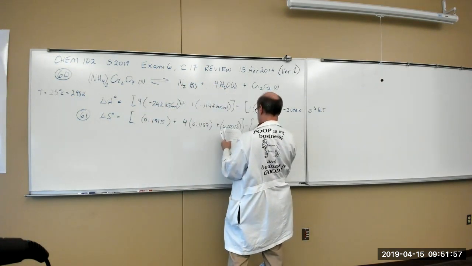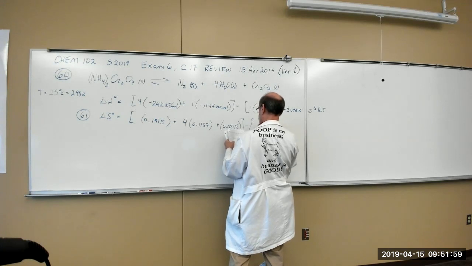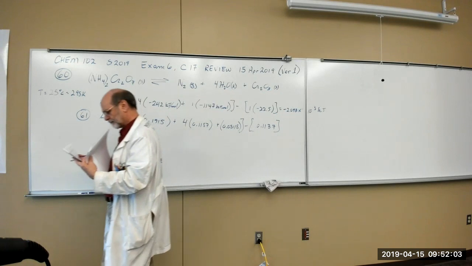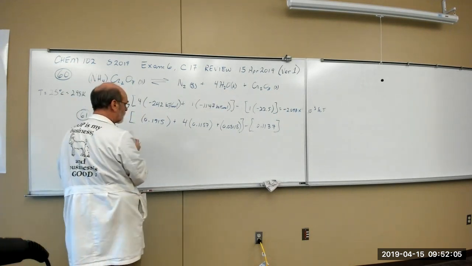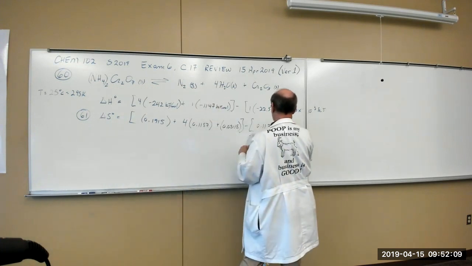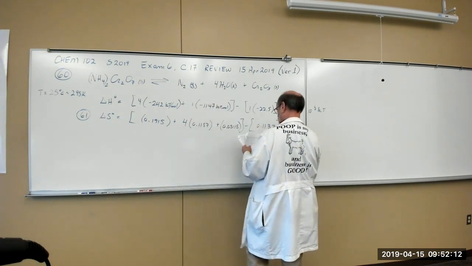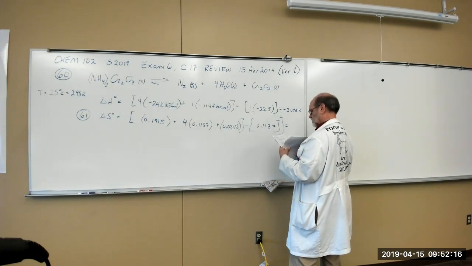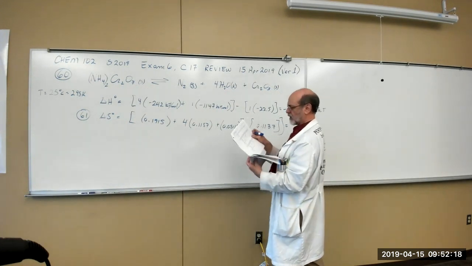Then we subtract ammonium dichromate entropy, 0.113. Are these numbers given? Yes, they're right there in the problem.